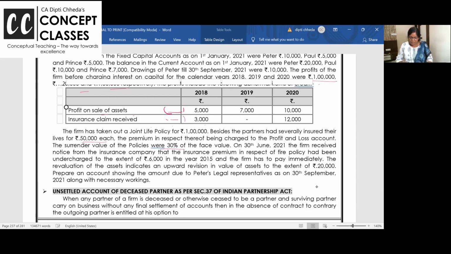In June, the firm received notice from the insurance company that the insurance premium in respect of fire insurance had been undercharged to the extent of 6,000 in 2015. There's a mistake in the profit and the firm had to pay it. So 2015's profit we will reduce further. Insurance was paid less, and if you pay it, reduce it further. The revaluation of assets indicates upward revaluation to the extent of 20,000, and prepare the legal representative's account as on September 21.